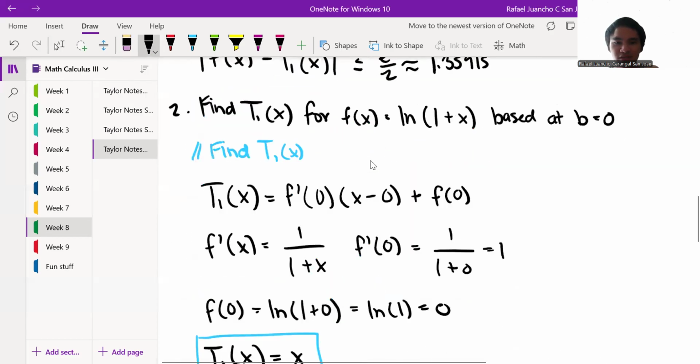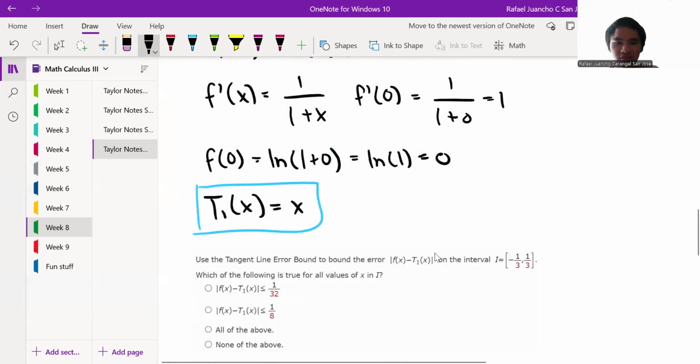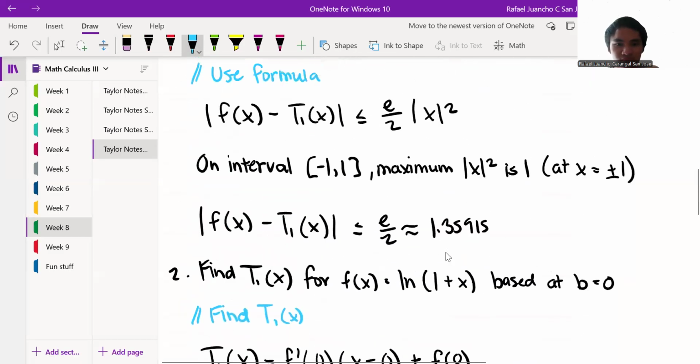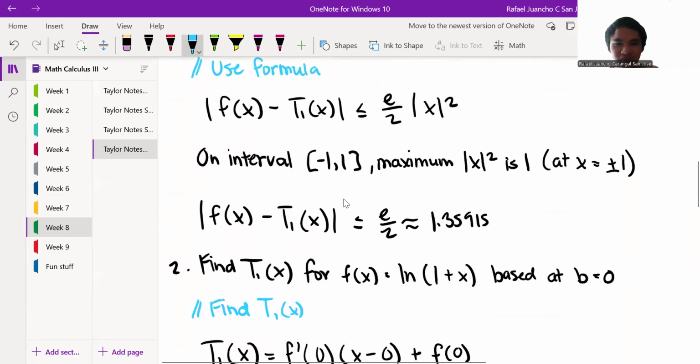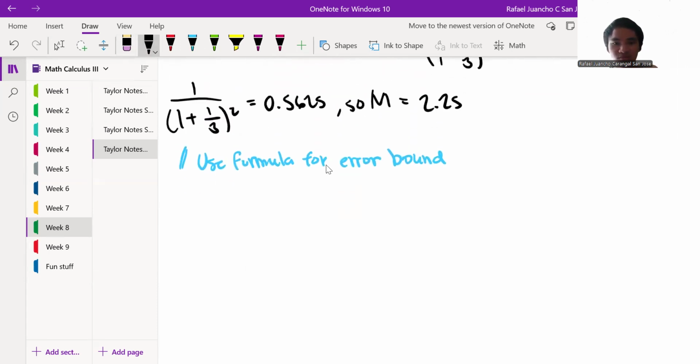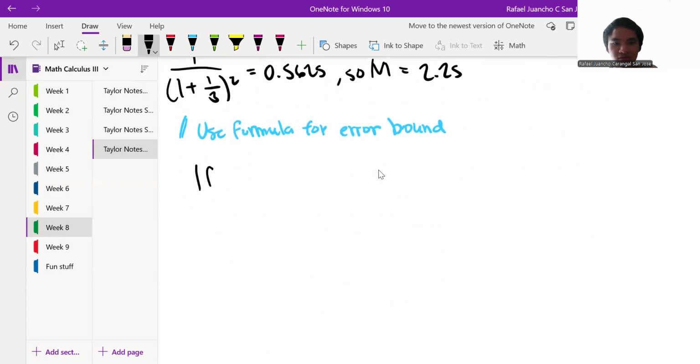And so now using that, you want to use the M by putting it into the formula. Did I just say use formula? I want to say use the formula for error bound. So that's going to be, what is this? Yeah, the absolute value of this thing.